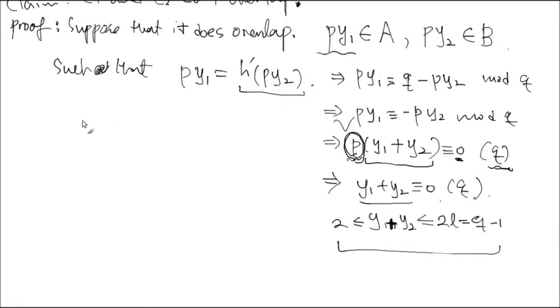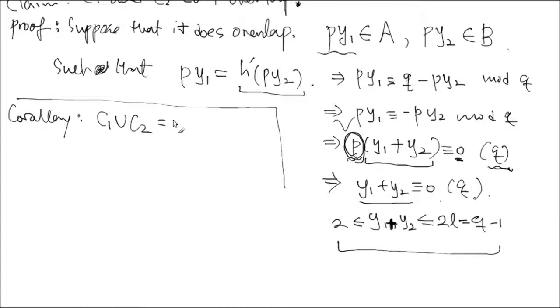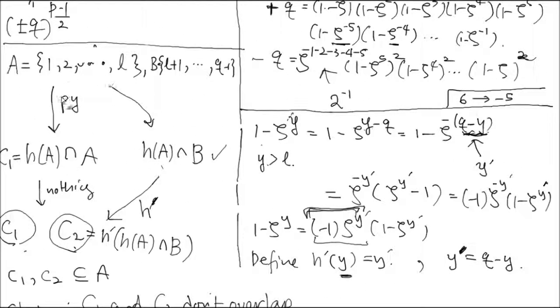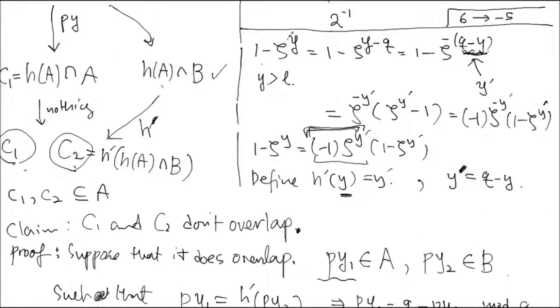And here, the conclusion of this claim is that corollary is that C1 union C2, right? What is C1 union C2? C1 started from 1 through L, landed back in here after you multiply, and C2 fills the rest of the pot.